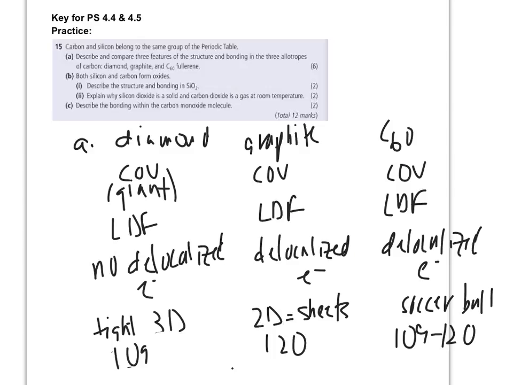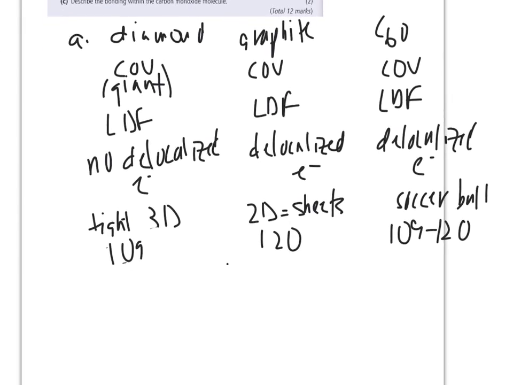hexagon or a pentagon. The number of atoms attached to each one, graphite and fullerene attached to 3 other carbon atoms, whereas diamond attaches to 4.